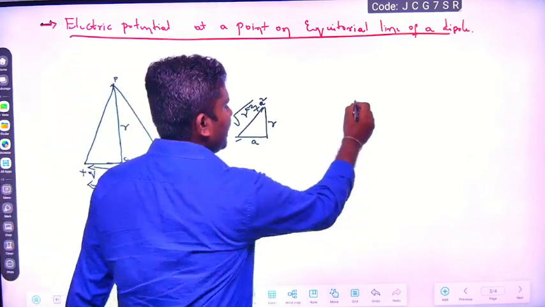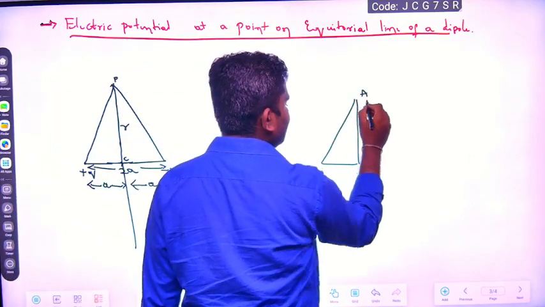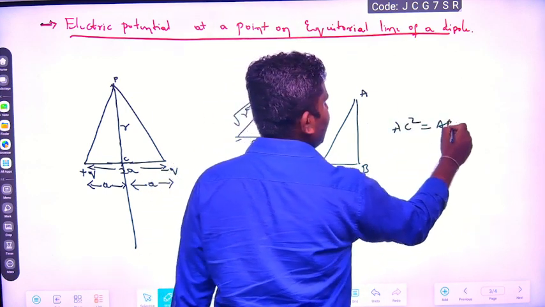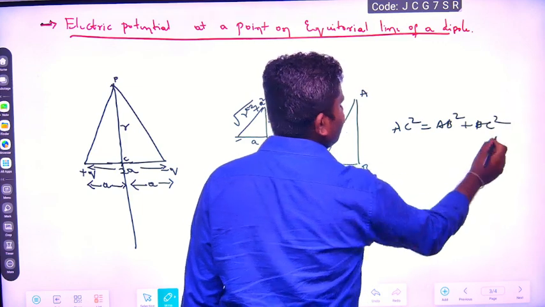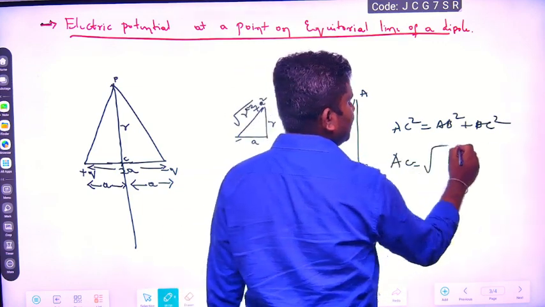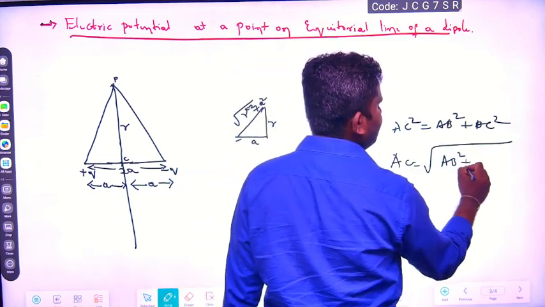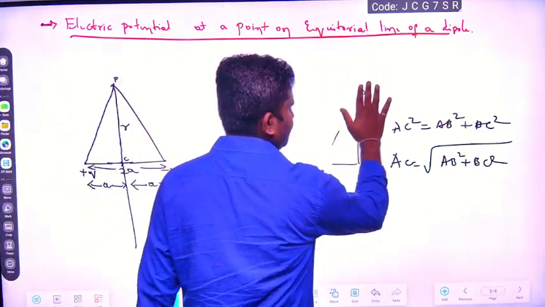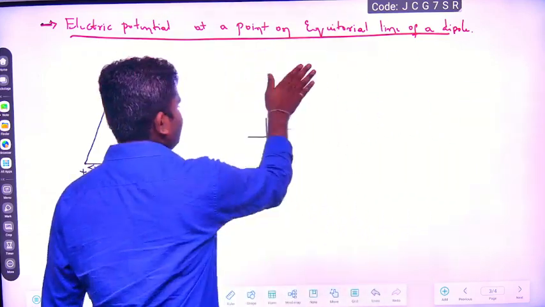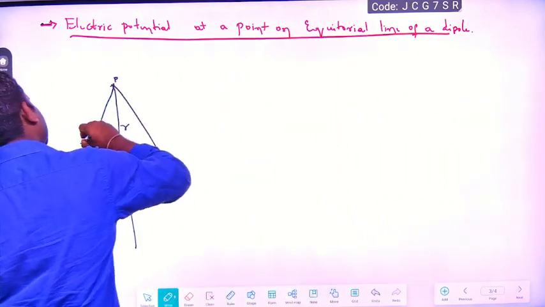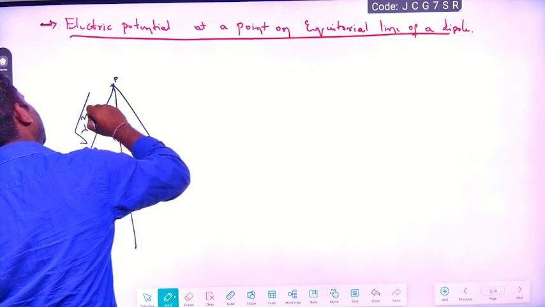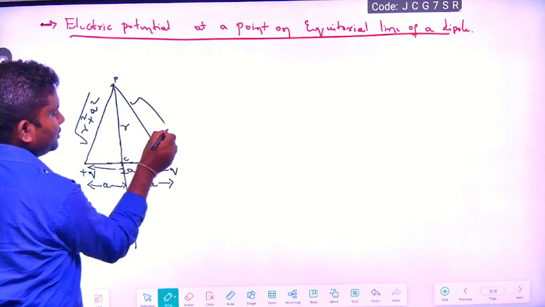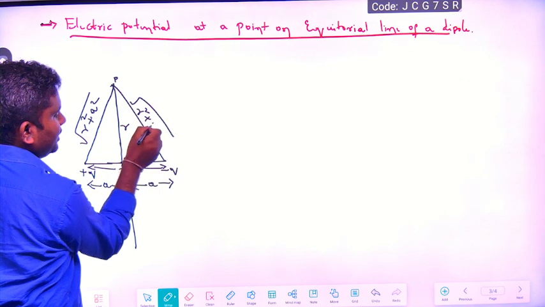You take one triangle. AC is equal to under root of AB square plus BC square, which is under root r square plus a square. This one is also under root r square plus a square.